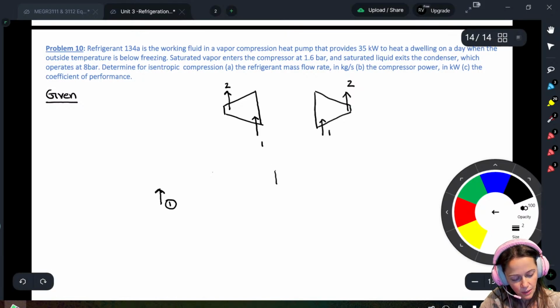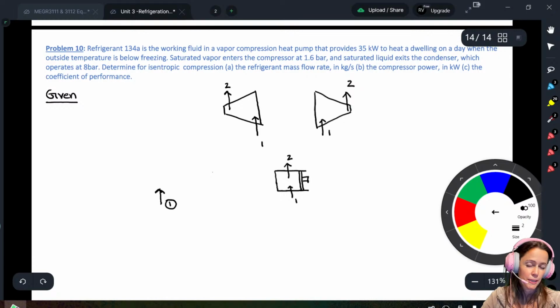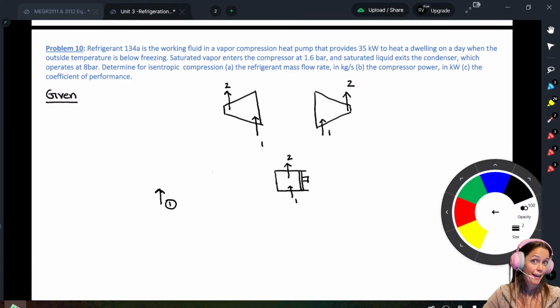Somebody else commented that we've drawn it like this in class, and there are some problems in the book where it looks like this. It doesn't really matter how you draw it. We're analyzing it the same way.